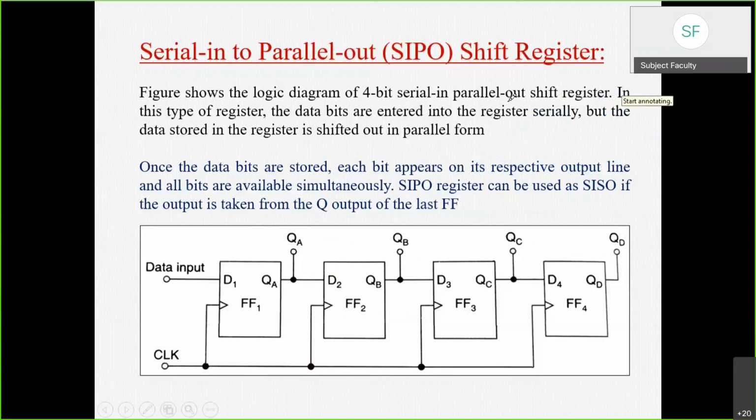In this type of register, data bits are entered into the register serially, but the data stored in the register is shifted out in parallel form. Output is taken in the parallel form. Once data bits are stored, each bit appears on its respective output line.